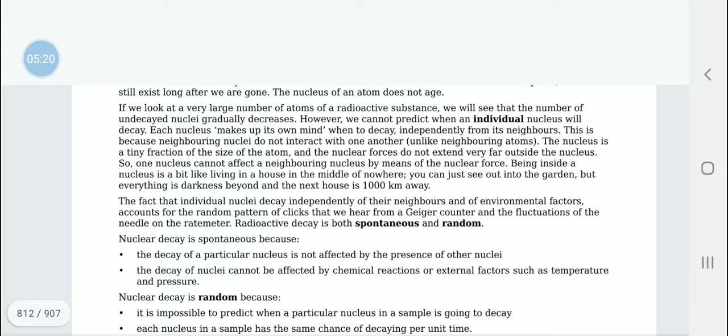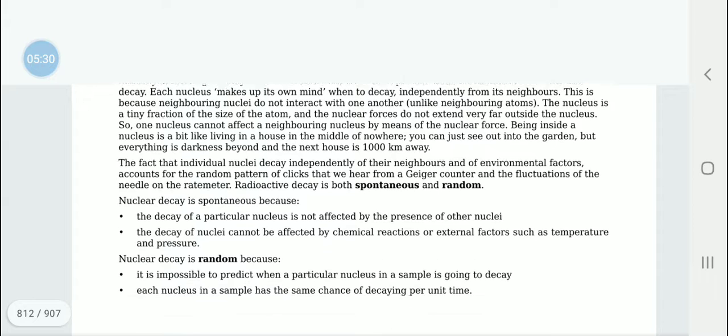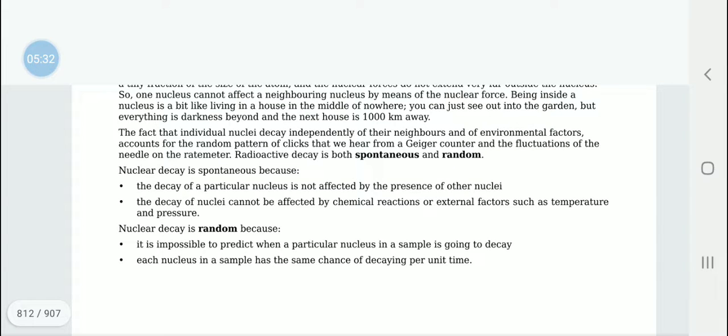Random means we cannot predict when it is going to happen. There are two reasons for each one that you will have to remember.